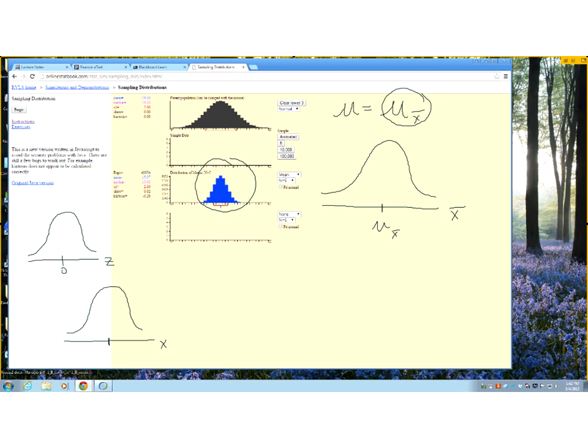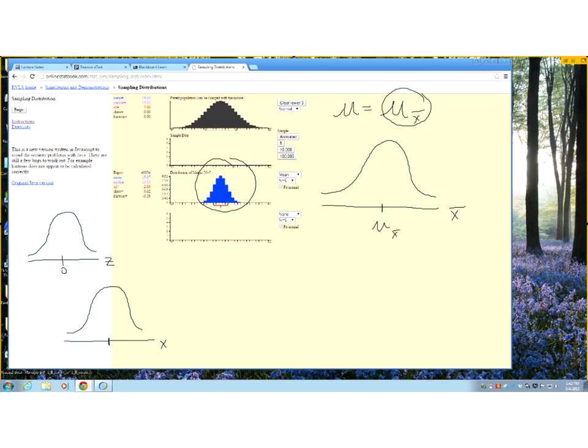So let me move over here. All right, so what did I say before? That if our population is normally distributed, the mean of your population is equal to the mean of the sample means. If your parent population is normally distributed, then the distribution of your sample means is normally distributed.